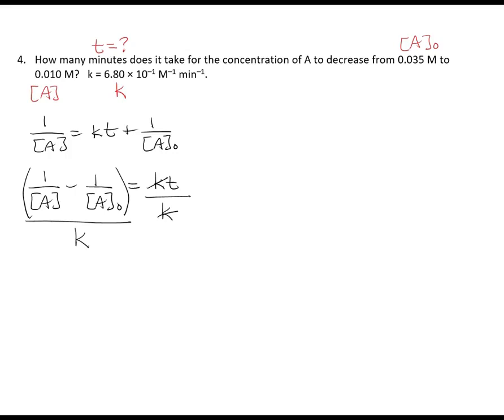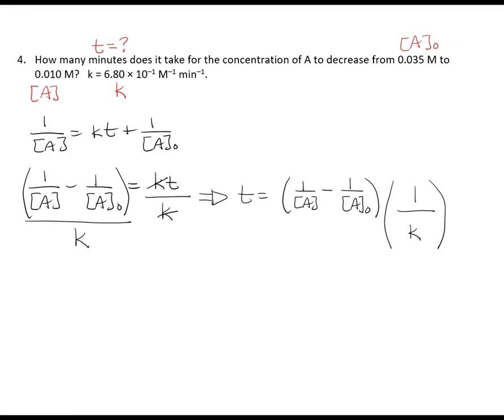And we solve for T. I would prefer to rewrite this. So we have it like this. We have that quantity 1 over A minus 1 over A naught. And then we apply our rate constant as a separate term, so that way there's no mistaking what the units are.